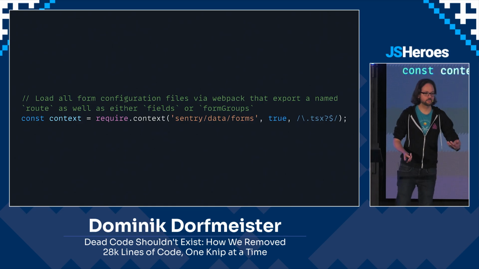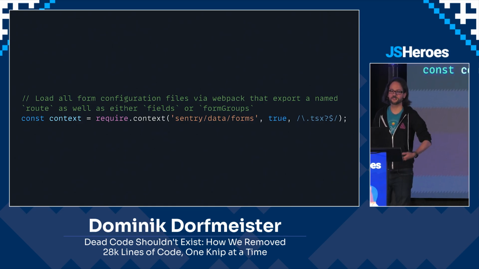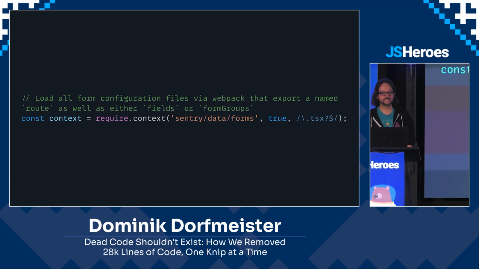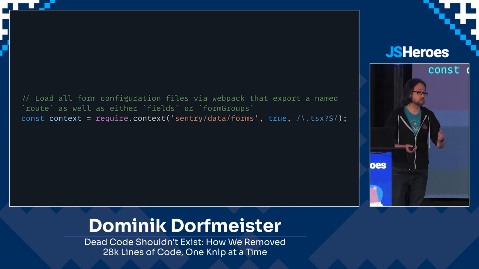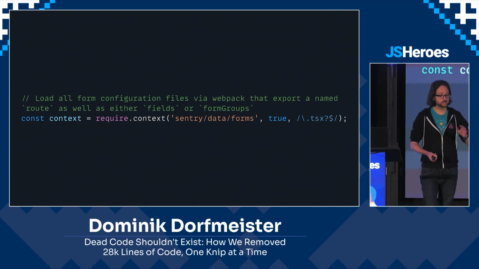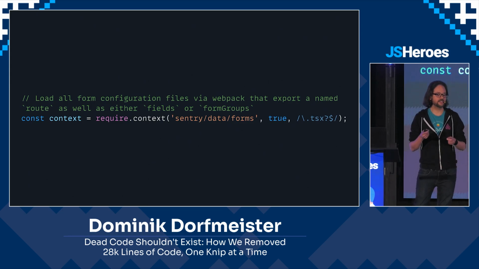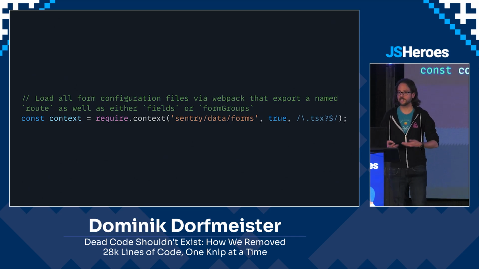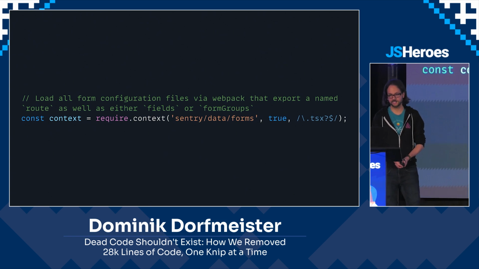I thought they were unused, I removed them, and yeah, that didn't turn out so well, so we reverted that afterwards. But the bottom line is that I don't think doing such dynamic things is generally a good idea. This is also the only place where we're doing this. And we're working on the new form system with TanStack Form at the moment, so I hope this is going to go away. Because eventually, if you do all of these very highly dynamic things, you don't get static analysis on them, and even developers don't know if this is used or not if they just look at their IDE and try to find the usages, because this dynamic thing kind of hides that.